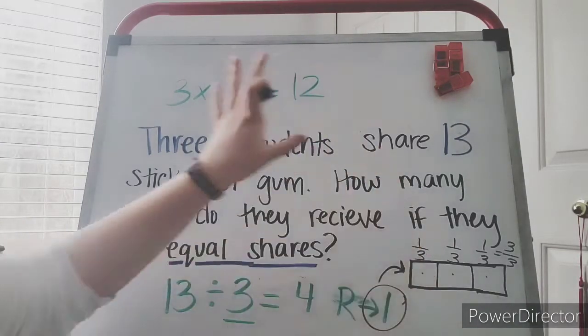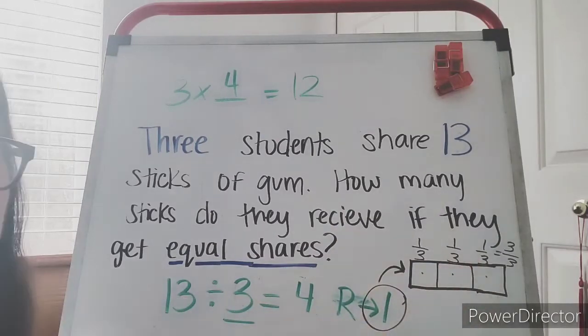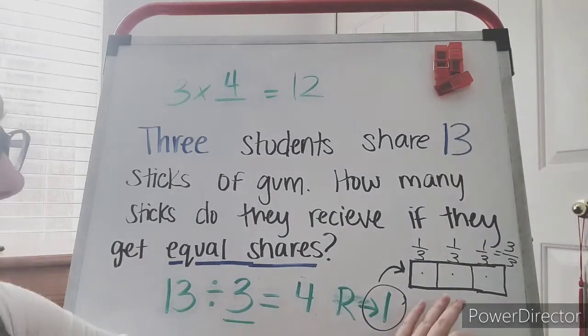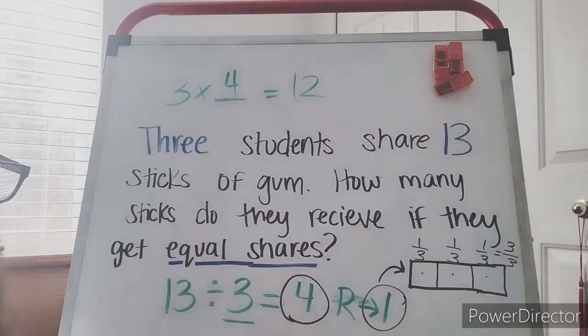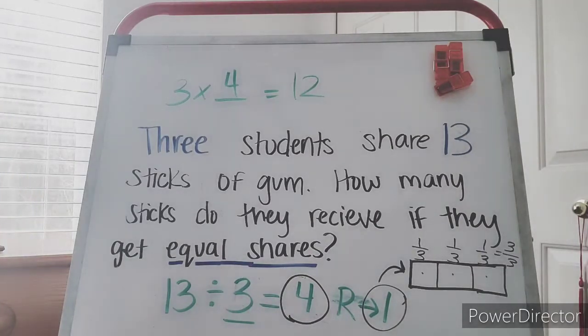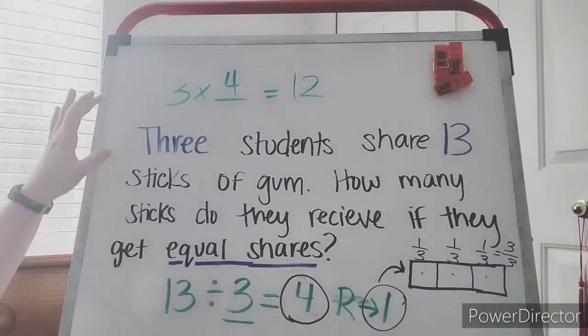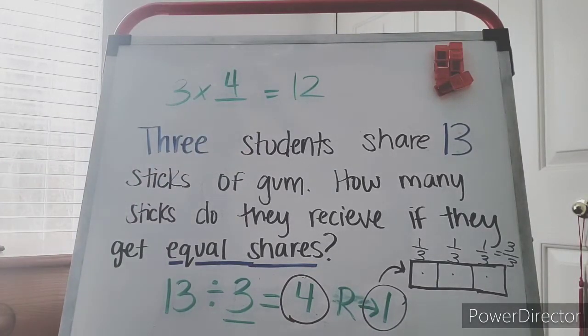So each of my 3 students is going to get 1/3 of this last piece of gum, plus the 4 whole pieces of gum that they get when we split it into equal shares. So each student in my problem is going to get how many pieces of gum together?